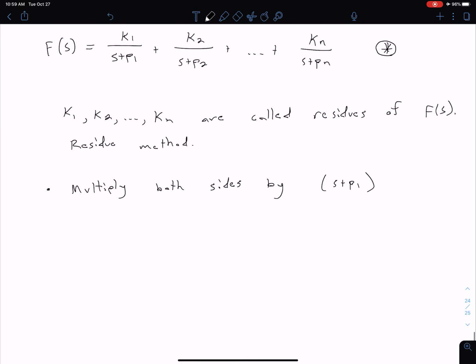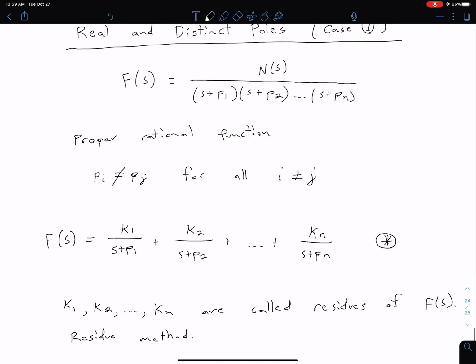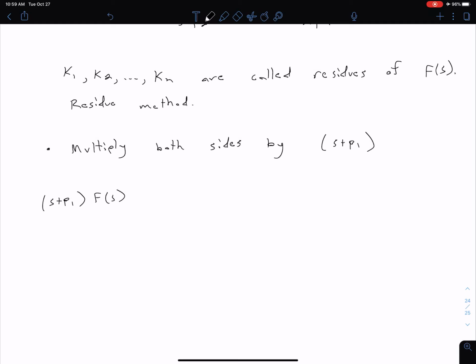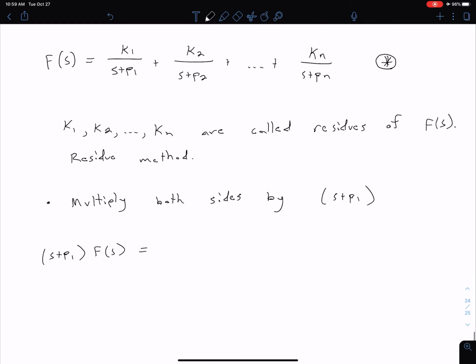So on our left side, we're going to have s plus p1 times F of s, and our F of s is just this general function here. Again, this will all be clear once we look at a numerical example in the next video. On the right side, we're multiplying s plus p1 times each of these terms.